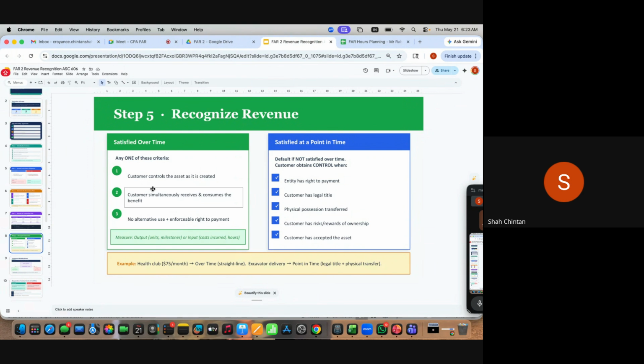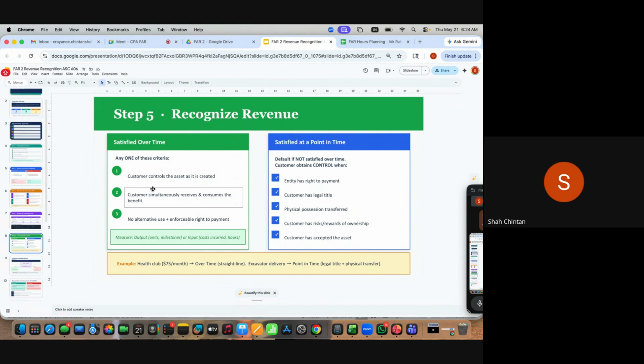So if the property which is built by the architect has no alternative use, it will be the case because it's your specific property built for you, but he has the right to receive the payment till the date of termination of 6 months. If these conditions are met, he can recognize revenue over a period of time.